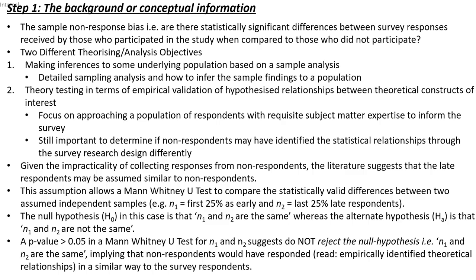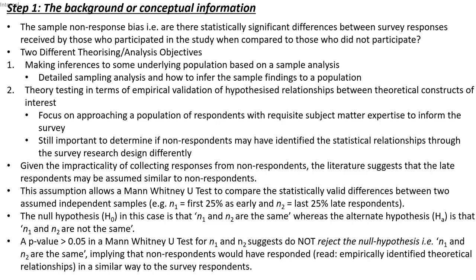So effectively, we did our study, identified relationships, went to a target response, and then collected data. Now, how do we approach those who did not respond? We don't know anything about them, right? We try to approach them, but they are not approachable. So it's quite impractical to collect responses to check how they would have responded.